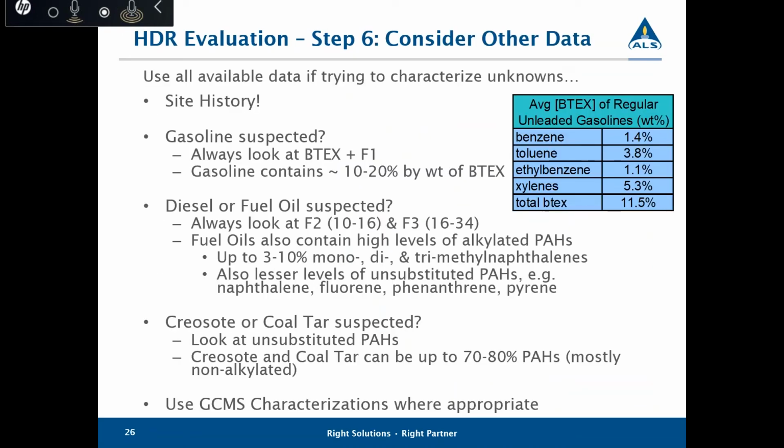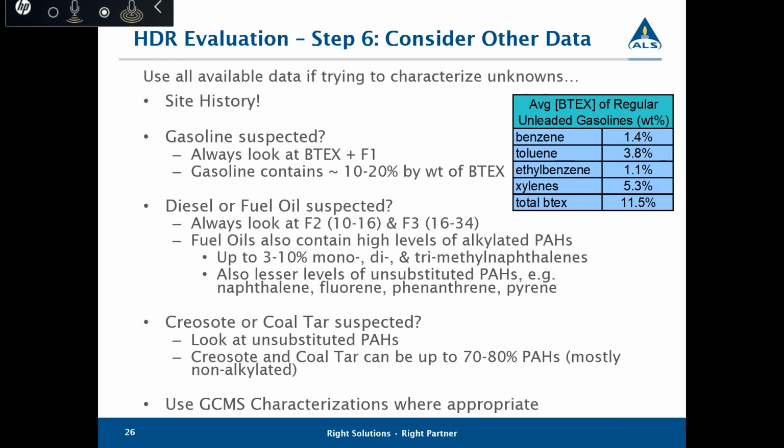And we should also consider other data when we are evaluating our chromatograms. So we need to review the site history and phase investigation. That data will help us in determining what to expect and what analysis to conduct. So if we suspect gasoline, obviously we should be testing for BTEX and F1. Gasoline contains around 10 to 20% by weight of BTEX.